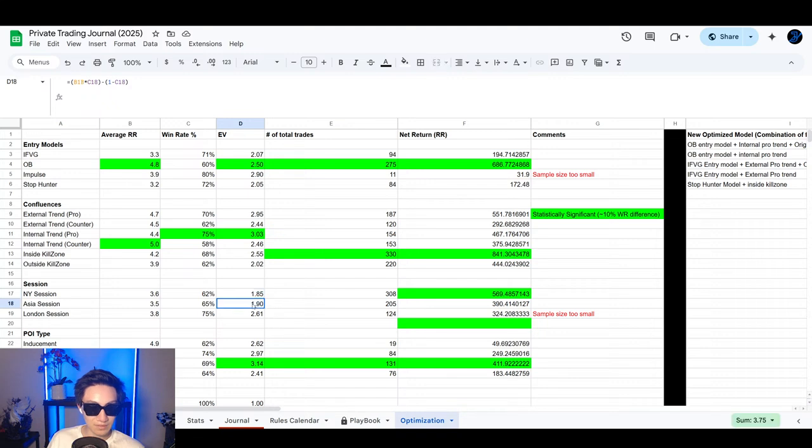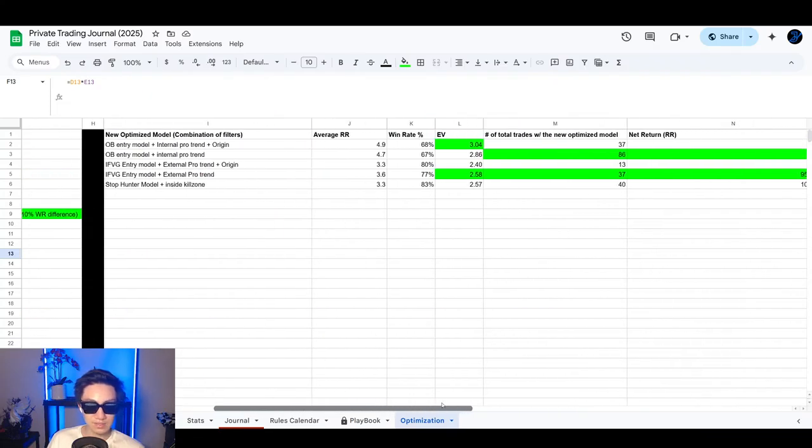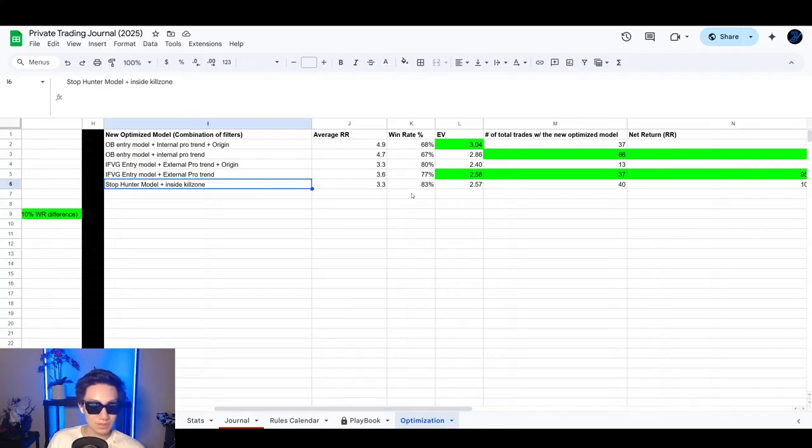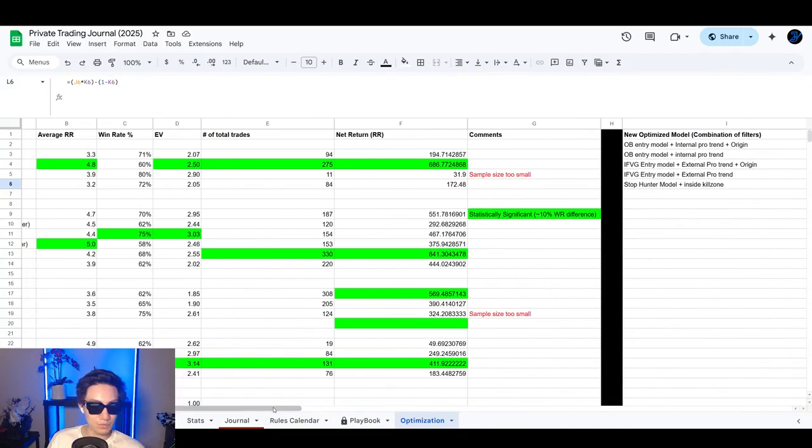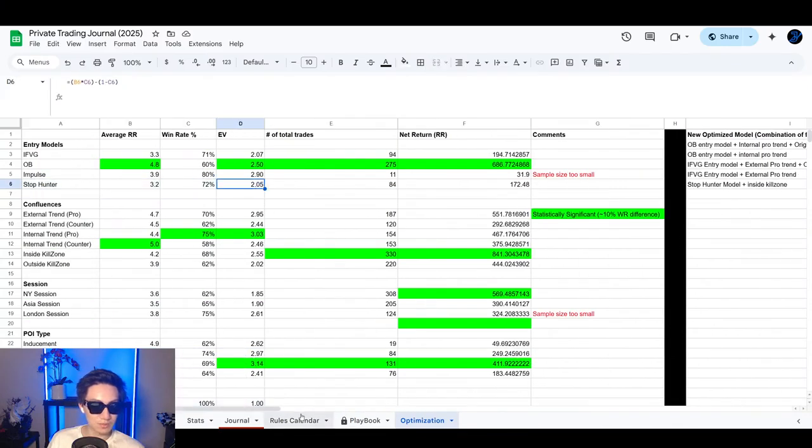It has a solid EV. So you take New York session as number one, and then for confluences, you want to look for the best confluence. Let's say you find the best confluence is inside kill zone, right? Then you would take trades inside kill zone. And you can see, obviously, it works. Inside kill zone here, with the stop hunter model, your EV is 2.57 instead of, without that filter, it's 2.05.